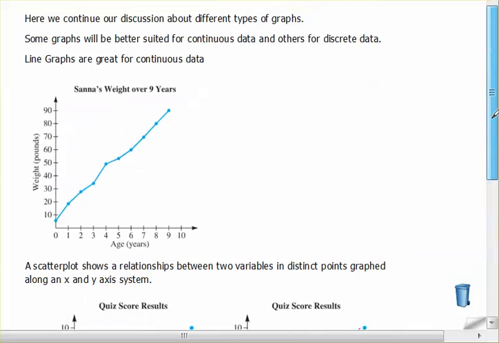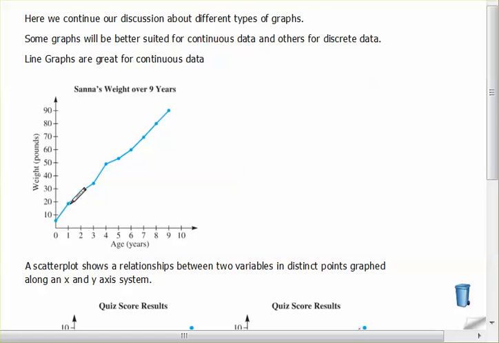Okay, now back to line graphs. I said that they were great for continuous data. This is what a line graph looks like, and this is plotting someone's weight over their first 9 years of life. And so you can see that, at date zero, so when they were born, they were under 10 pounds, so probably about 8 pounds something.